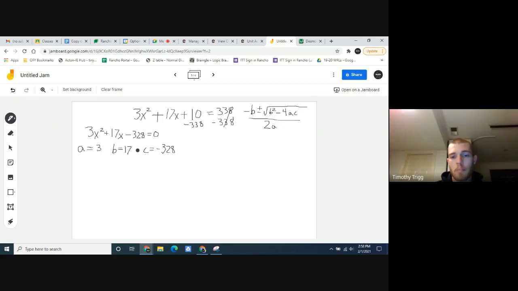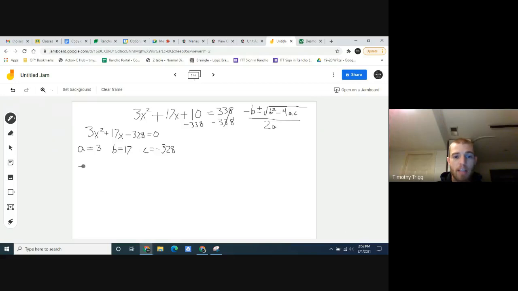Now, what we do with these numbers is plug them into this formula. Everywhere you see an a, you replace that with a 3. The b's will be replaced with 17, and the c gets replaced with negative 328. So let's work out this example.